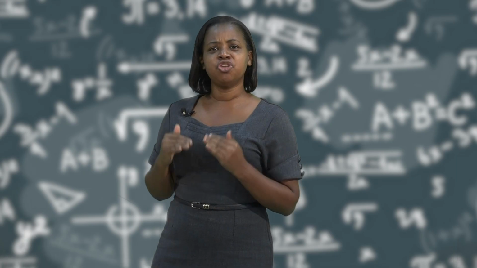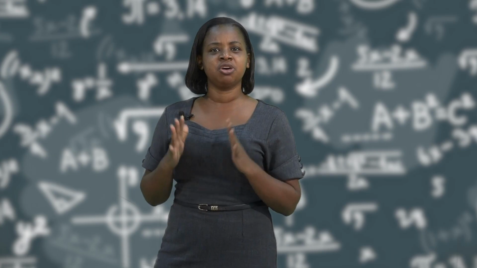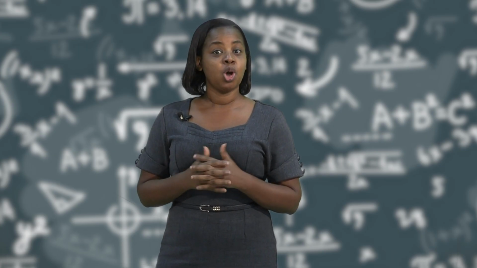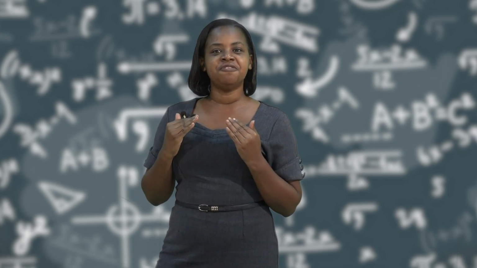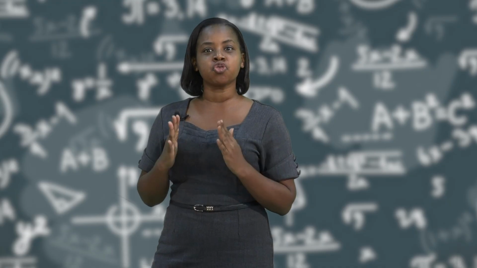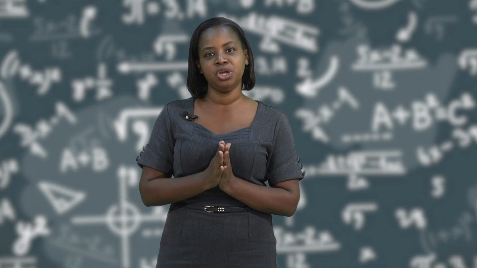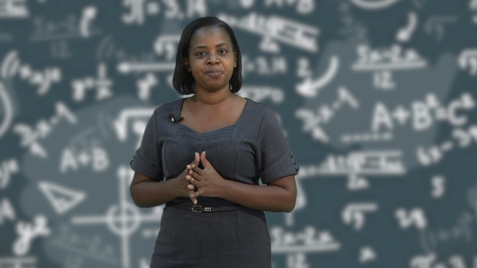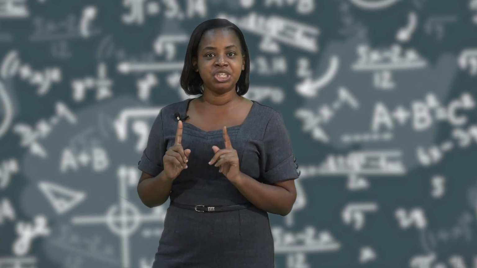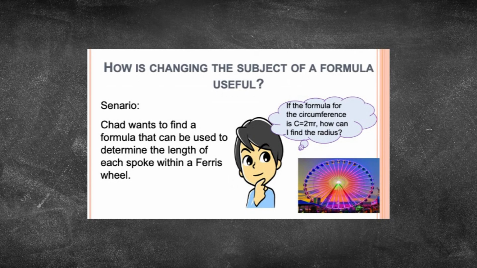How is knowledge of how to change the subject of the formula useful? Well, it can be very useful when solving real-life problems that involve the use of a formula or an equation. Let us consider this particular scenario. Chad wants to find a formula that can be used to determine the length of each spoke within a Ferris wheel.